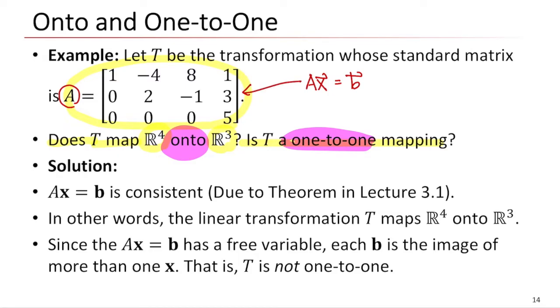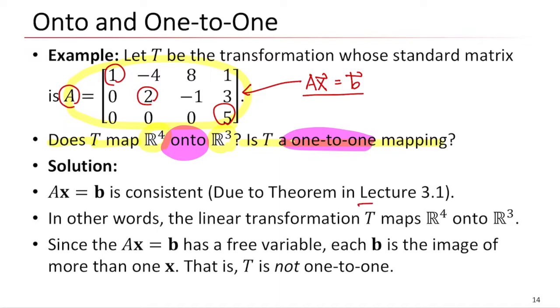So in this case, okay, let's see the matrix A first. This is the echelon form, and it has three pivot positions, right?